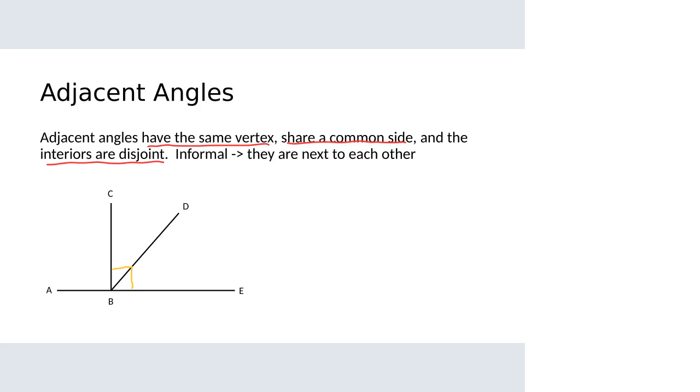What this means for us, because there's a right angle right here that adds up to 90 degrees, is that this angle, when added to this angle, make a 90-degree angle. So angle DBE, when added to angle CBD, those two added together add up to 90 degrees.